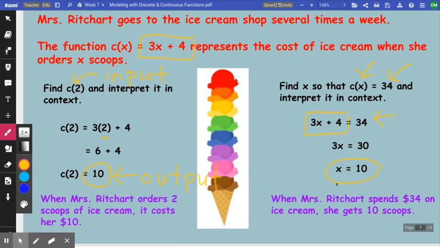Now, in this case, my 10 is my input, and it gives me my 34 as my output. So that means when Mrs. Richard spends $34 on ice cream, she actually gets 10 scoops. So when you look at these problems, you'll have to make sure you're very careful with what you're looking at and interpret and be very clear in what you're saying.